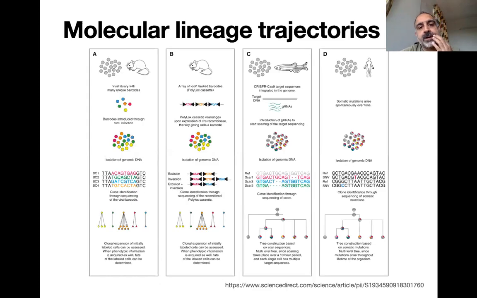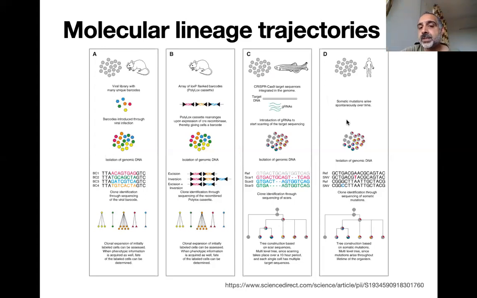And so we can start doing that by using what's called barcoding. Okay, barcoding is being able to track clones of cells. Every cell that comes from a particular mother has a particular genomic profile that you're able to identify.